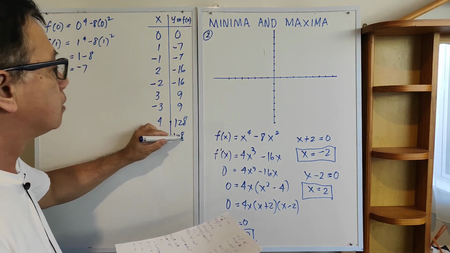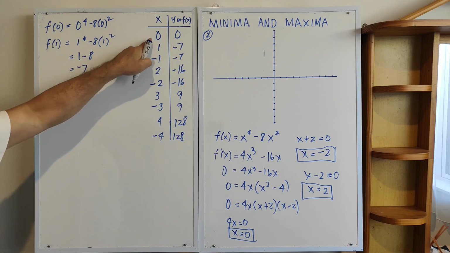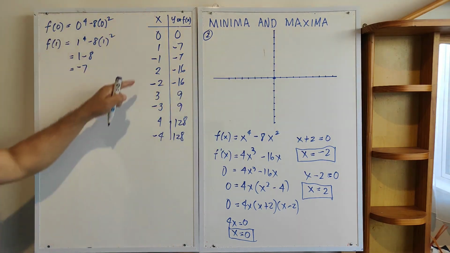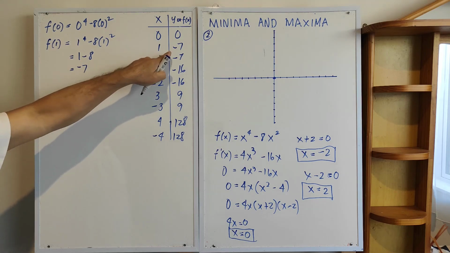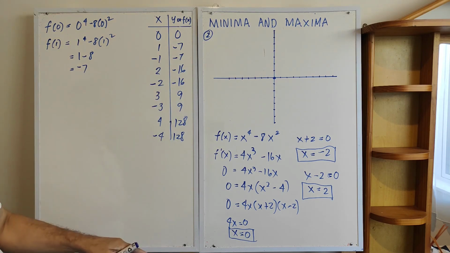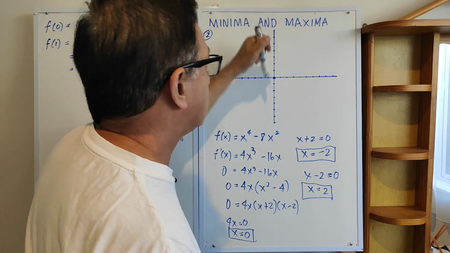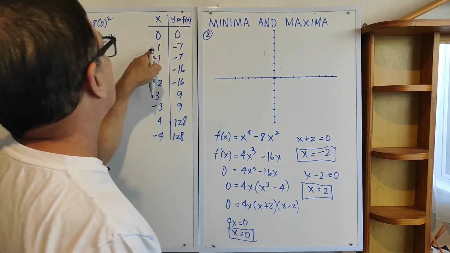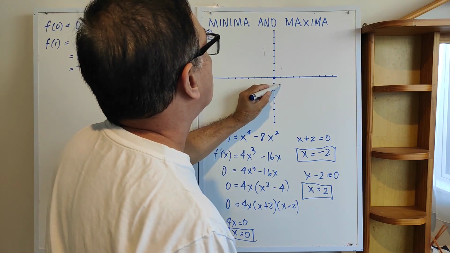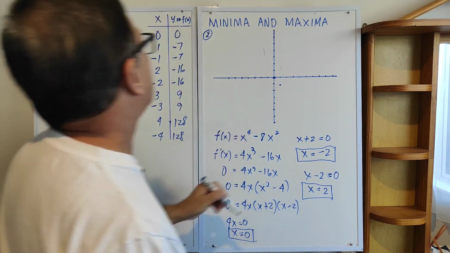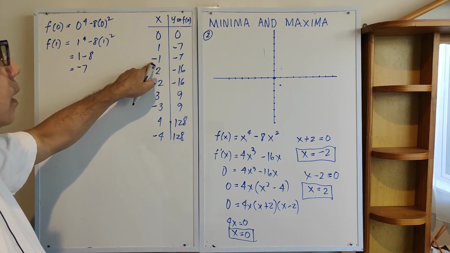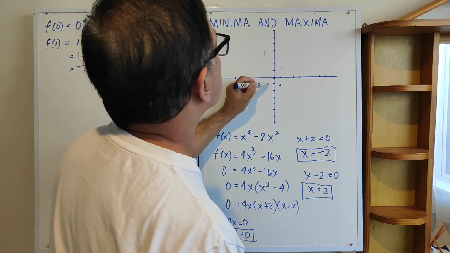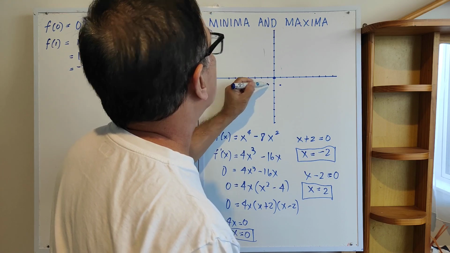So let's plot the values. If x is 0, y is 0, so it will be here. If x is 1, y is negative 7, it will be around negative 7 is here. And then if x is negative 1, y is also negative 7, so it's here, it's symmetrical.